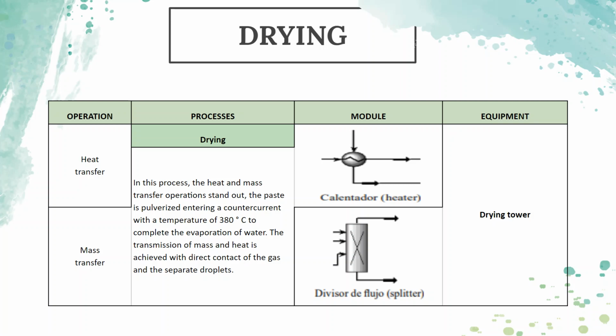The transmission of mass and heat is achieved by the direct contact of gas and sprayed droplets. For this process, we need the following equipment: a drying tower.